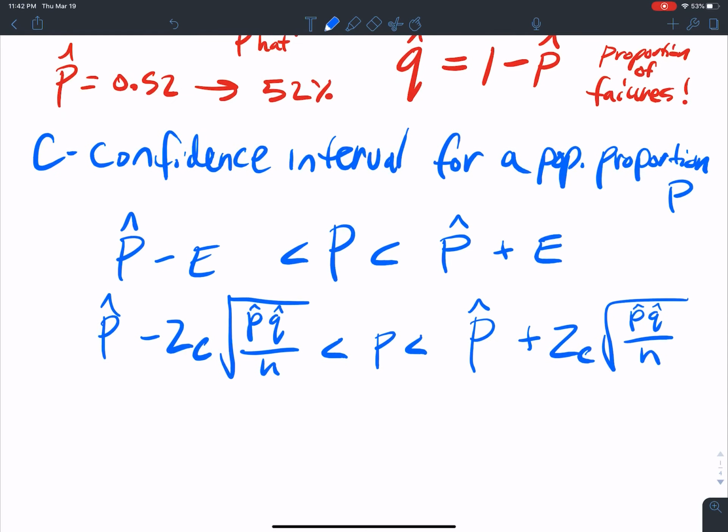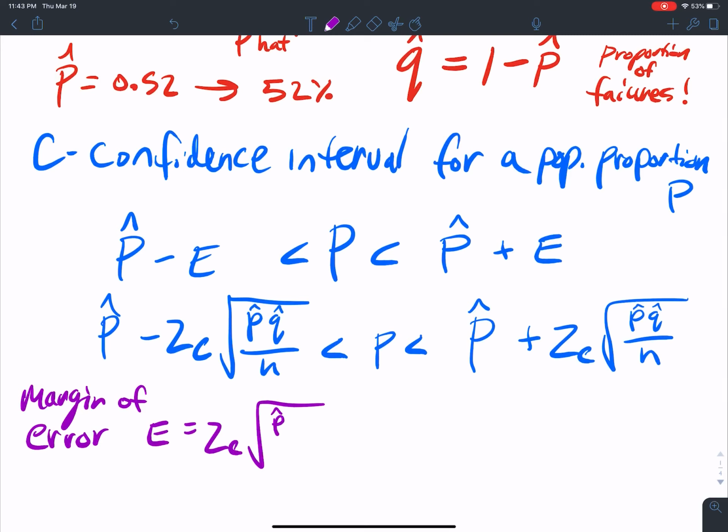So what I want you to know is that the margin of error E is equal to ZC times the square root of P hat times 1 minus P hat, because that's Q hat, over N. Okay?